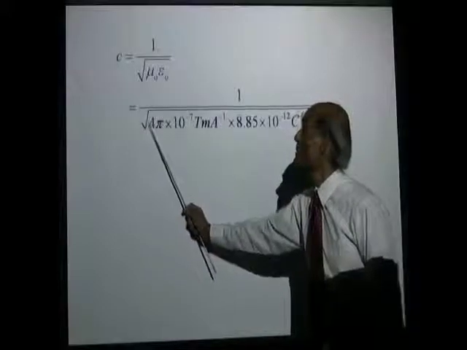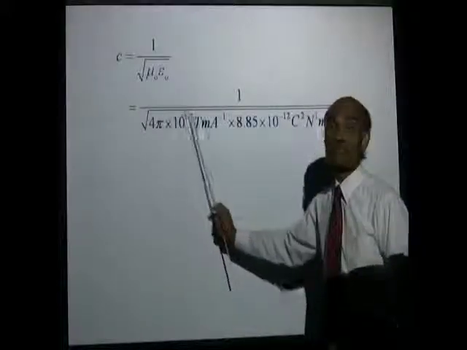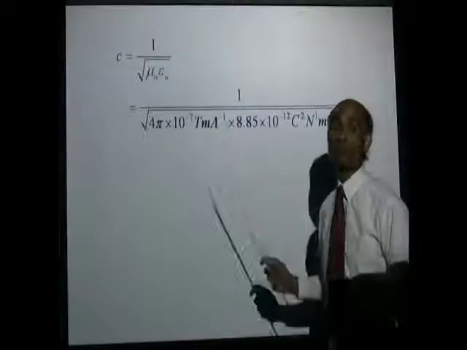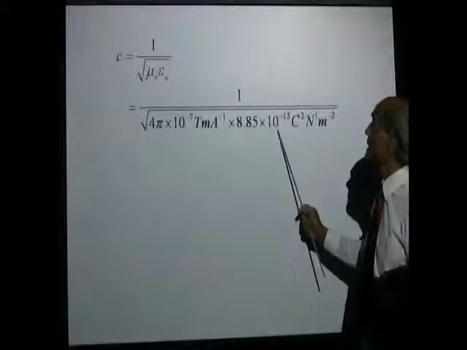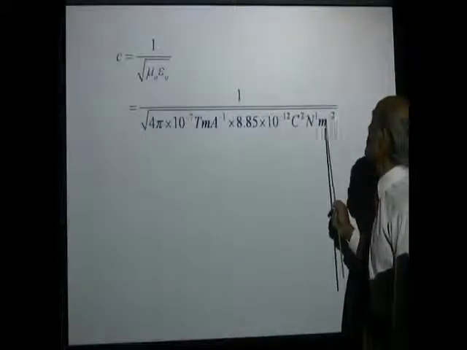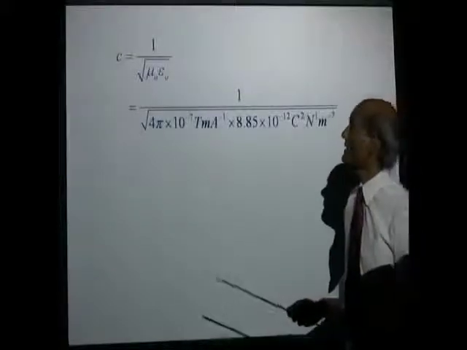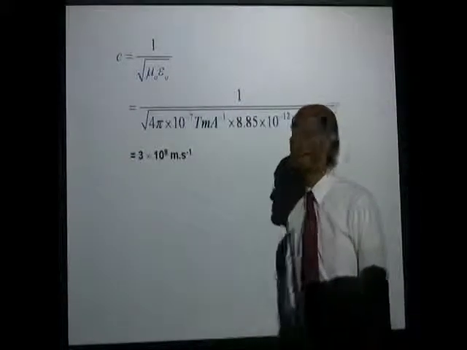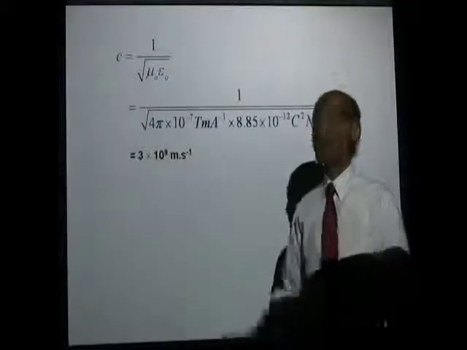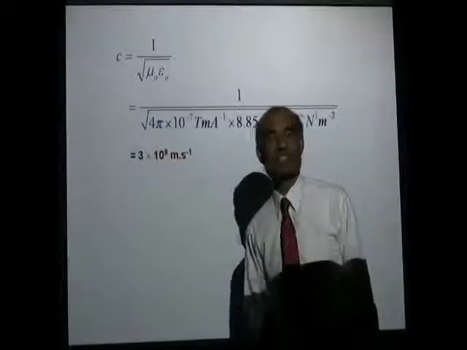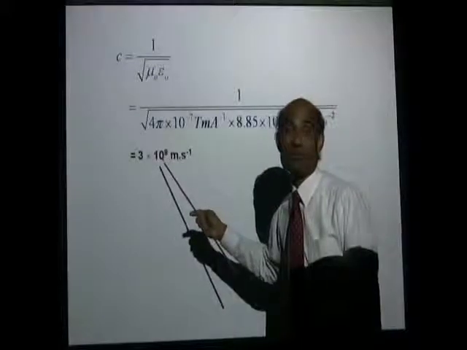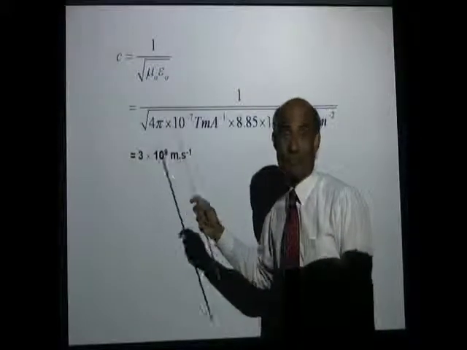Replace mu zero by 4 pi times 10 to the negative 7 tesla meter per ampere, and epsilon naught, the permittivity of free space, 8.85 times 10 to the negative 12 coulomb squared per newton meter squared, and that gives you c equal to 3 times 10 to the power of 8 meters per second. Now, this is an important constant, and according to Einstein, nothing can travel faster than this, right?